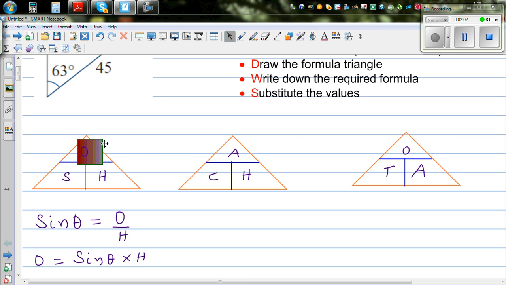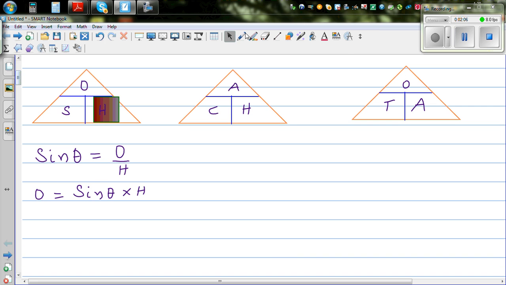If you want to find H, you cover up H. Here, this and this are divided, so O is above S. So H, the abbreviation for hypotenuse, is O divided by sine theta.